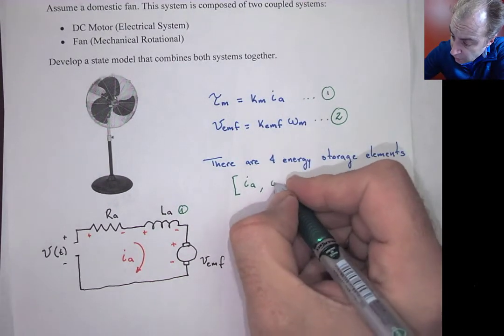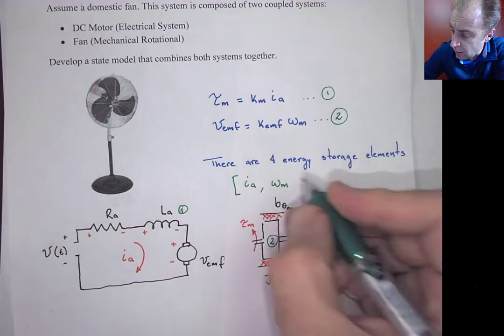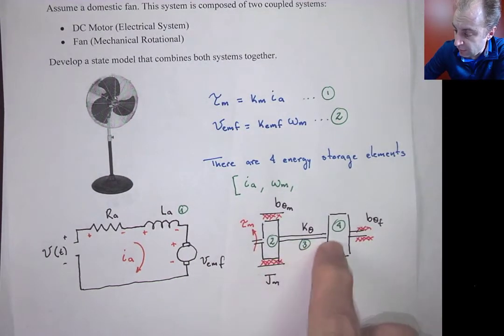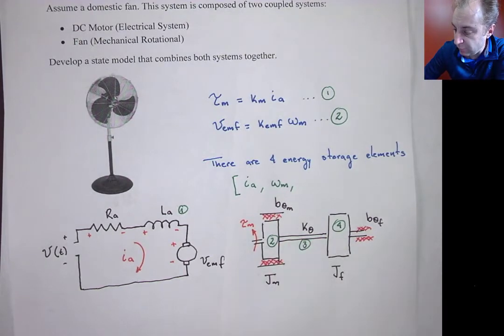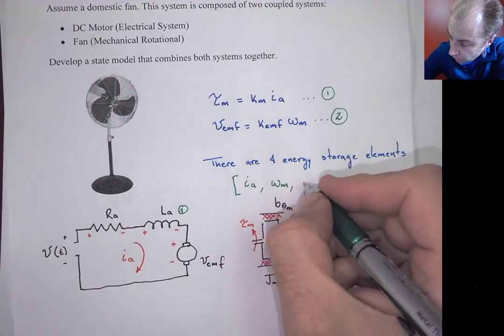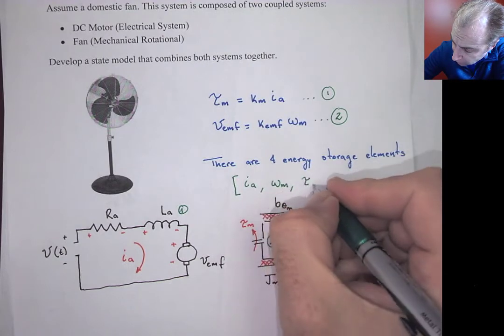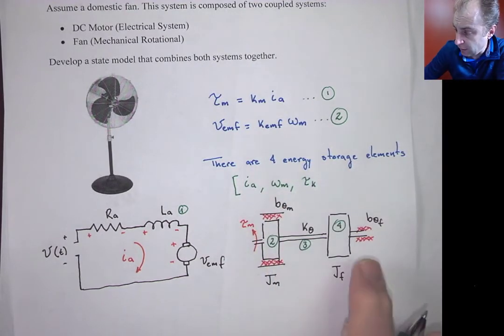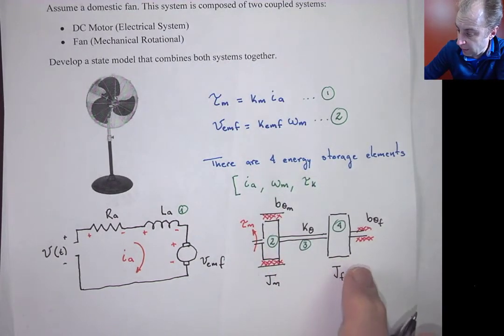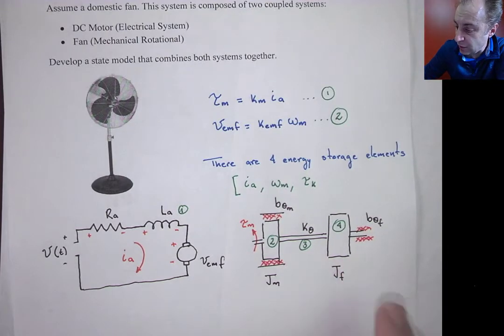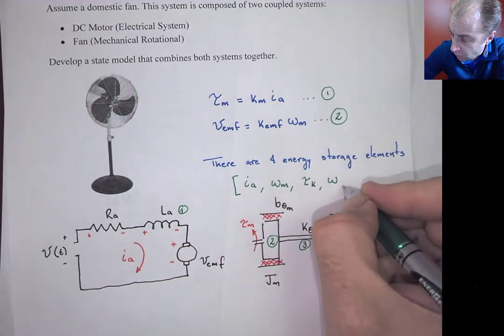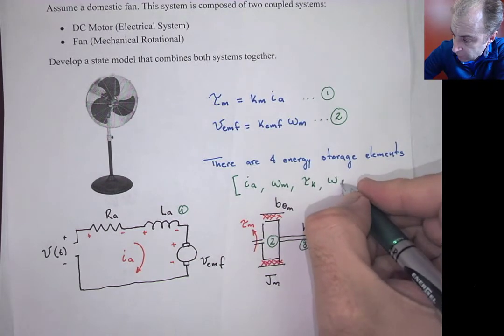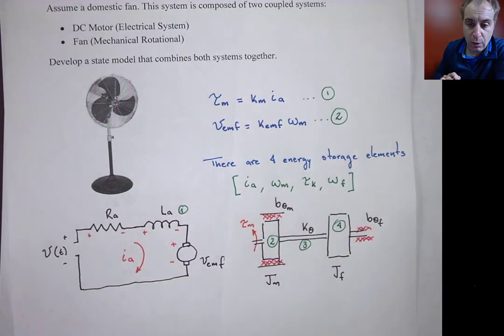So it's going to be omega m. Then we're going to have the state variable associated with the flexible shaft, and that would be tau k. And finally, we're going to have the state variable associated with the other inertia element, and that would be omega f. Okay, so these are going to be eventually our 4 state variables.